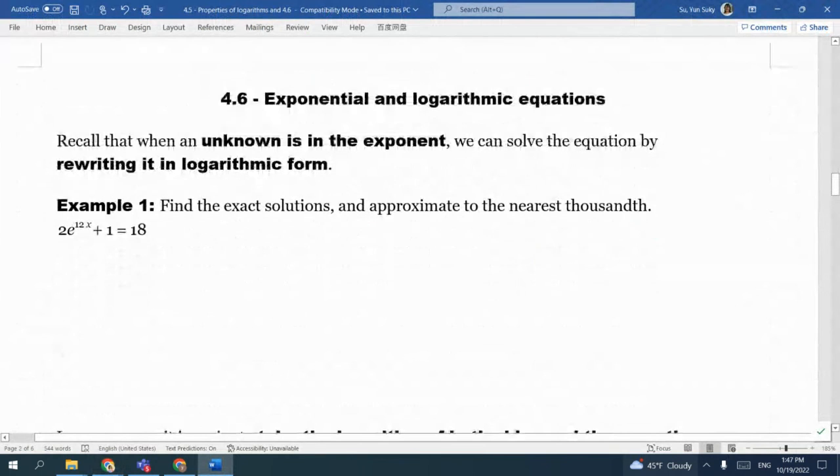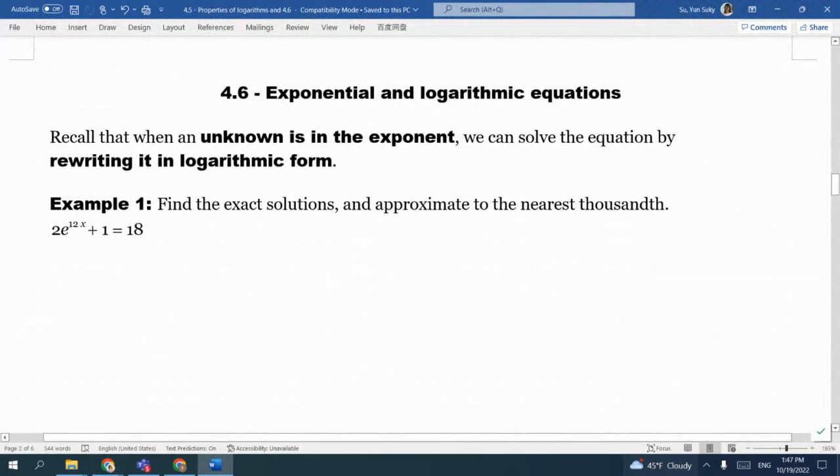We have a little bit of time, so let's continue to look at 4.6. Now we have learned exponential functions and log functions and their properties. So we can use them to solve some inequalities involving exponential or log functions.